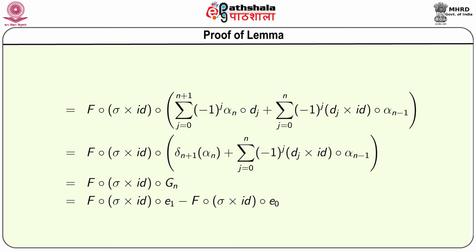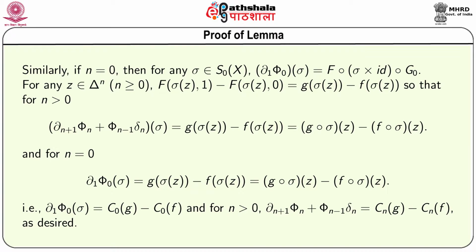But that is equal to F composed sigma times identity composed whatever written inside the bracket is actually Gn. But Gn is E1 minus E0. So, we have F composed sigma times identity composed E1 minus F composed sigma times identity composed E0.